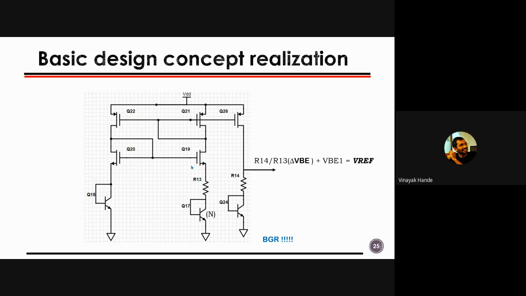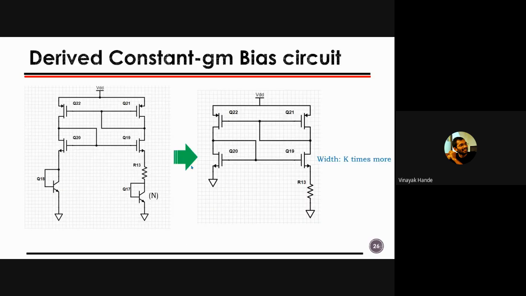And once you get the PTAT, it's very easy to convert that into a bandgap based voltage reference, right? And if I remove these 2 BJTs, then I have to make sure that this Q19 should be bigger than the Q20, right?